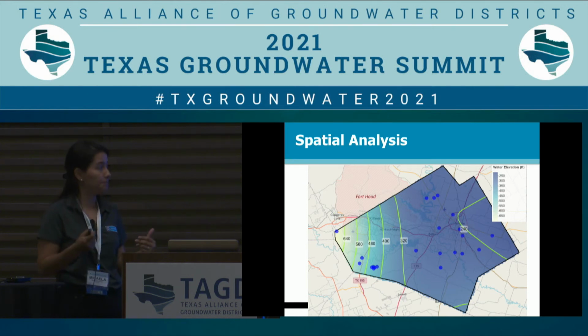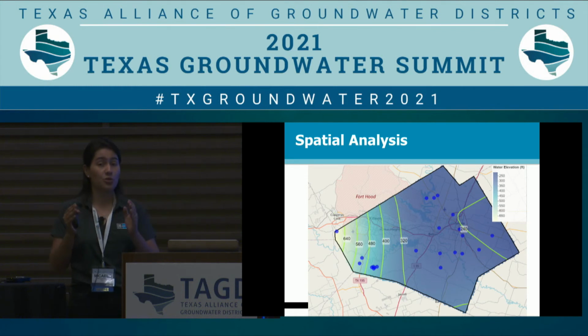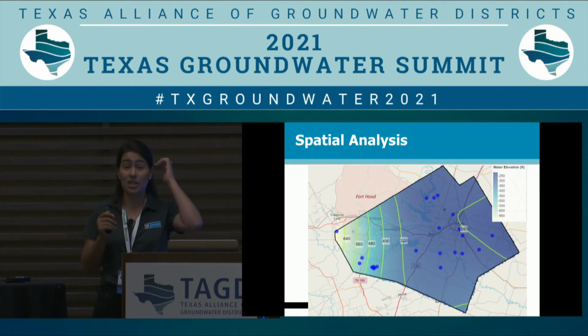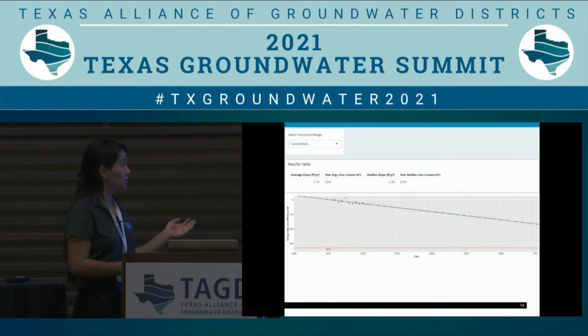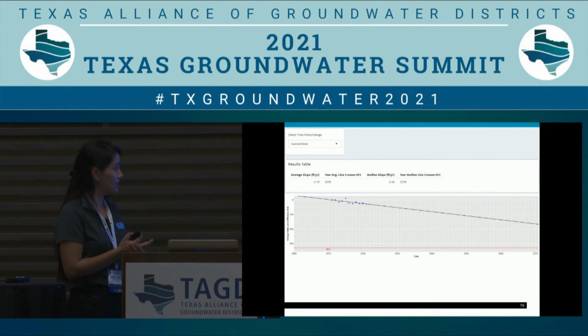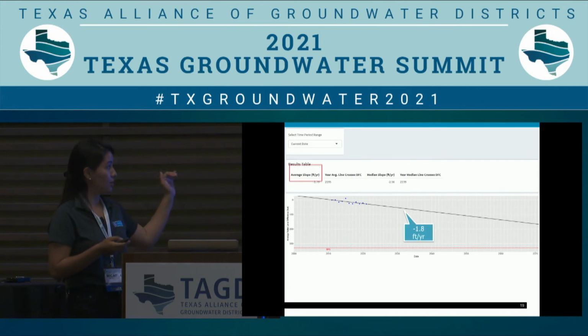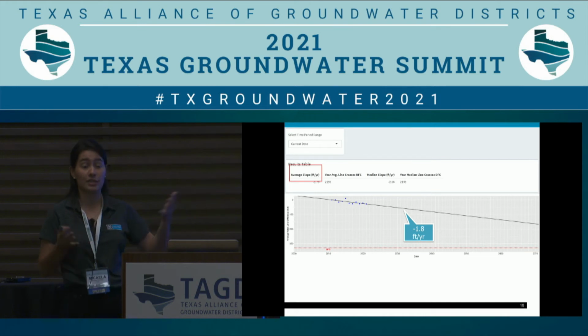So there's some user buttons that are very handy because it allows us to do our own exploration. So what we did with these rasters is we subtracted them from the 2010 initial DFC period water levels, such that we could see what the difference is from that initial value throughout the years. And we created this scatter plot. It's automatically created with the tool. And you can also calculate a slope of that line, or the water level decline rate.